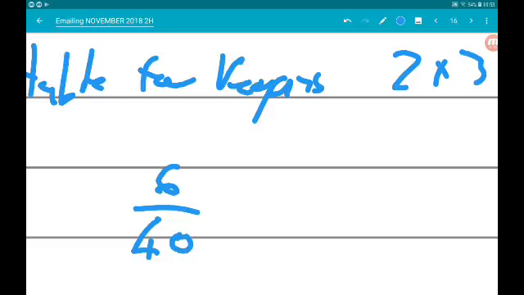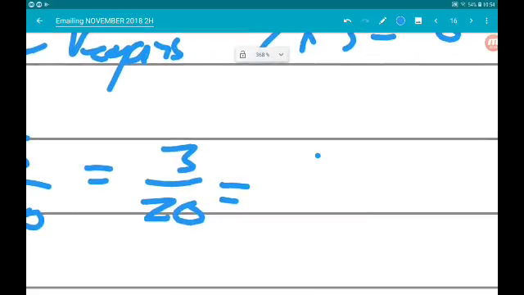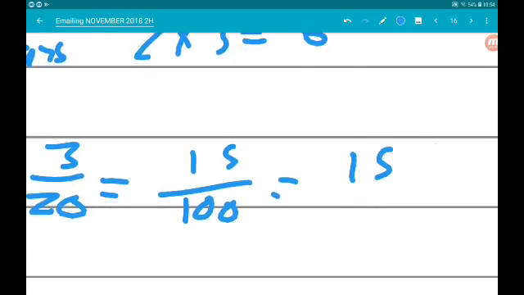They want it as a percentage, so without a calculator we could go, well, that's 3 over 20, which is 15 over 100, which is 15%. And you could also have put the fraction into your calculator, multiplied it by 100, there's your percentage. Good times.